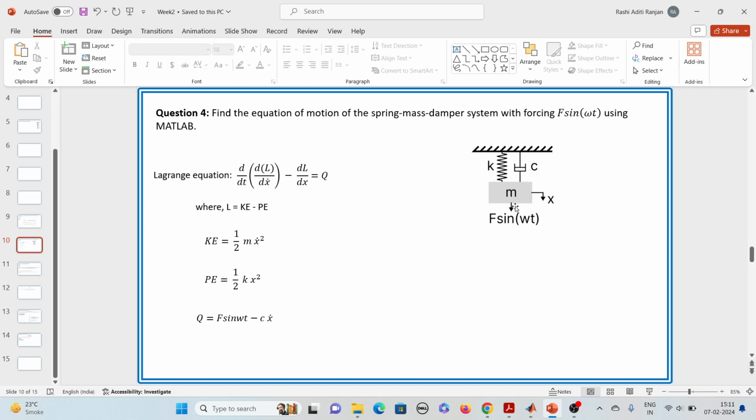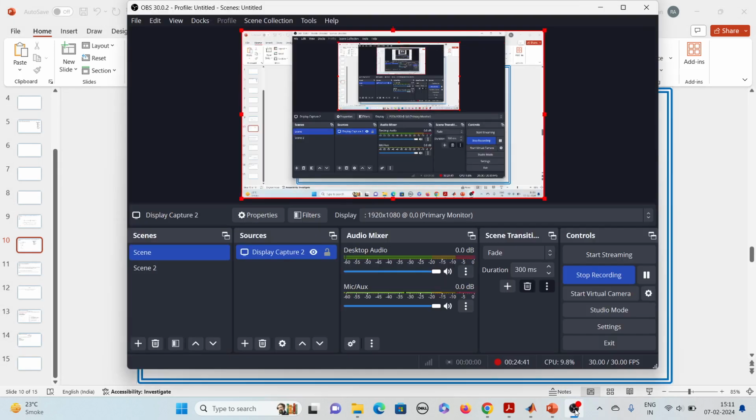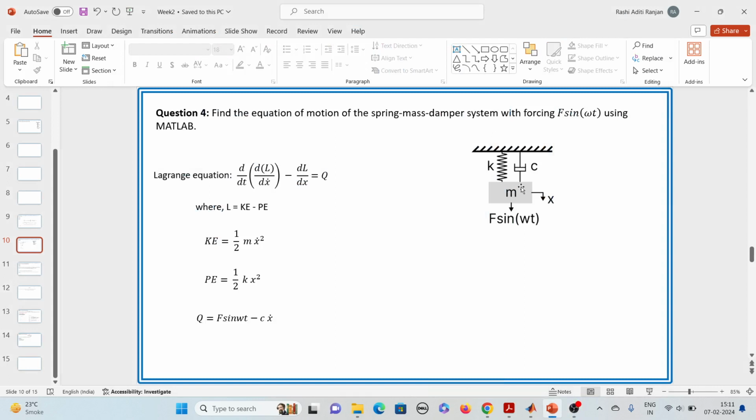If the mass is going downward, in which direction is Cx dot going to act? Obviously upward, opposite to F sine omega t. So our generalized force Q is going to be F sine omega t minus Cx dot. Absolutely.